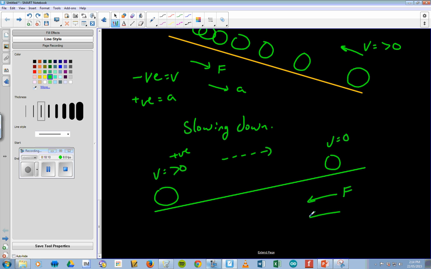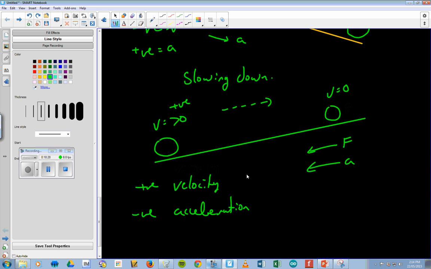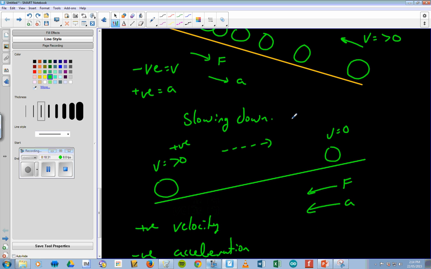And if a push and acceleration are going to be equal in terms of their sign, what we have here is a positive velocity, and we have a negative acceleration, or a negative push on the object. And what conclusion can we come to when velocity and acceleration are opposite each other?